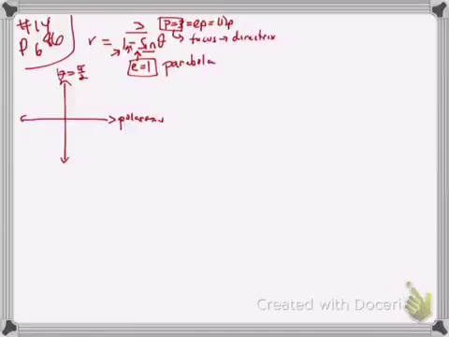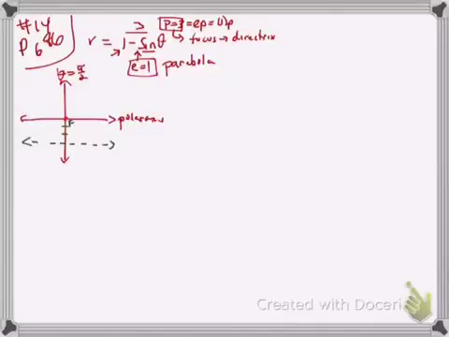Negative sign right here, and that tells me it's going to be below the pole. I'm sure everybody remembers the pole is right in the middle. So below the pole, 3 is going to be your directrix. So 1, 2, 3.